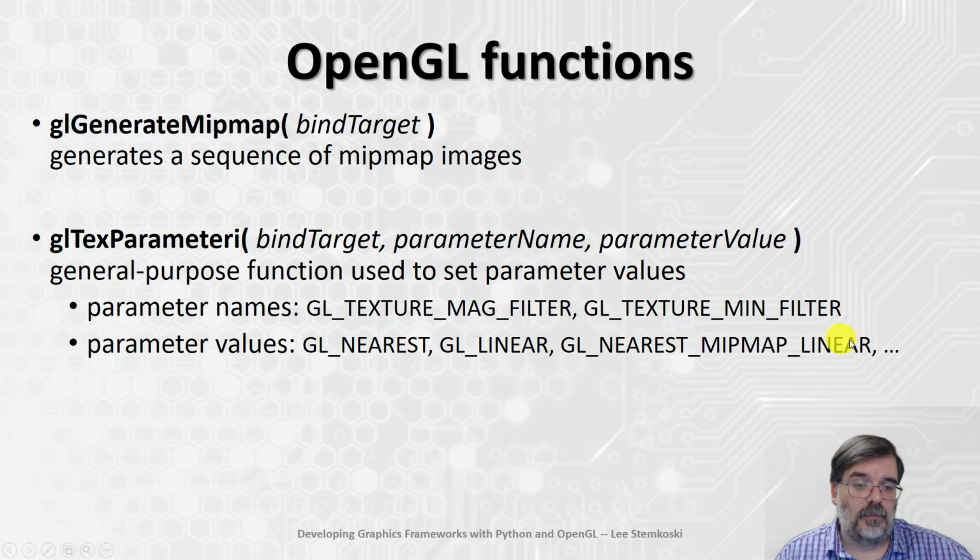This parameter value only really makes sense in terms of minification. This describes the algorithm we mentioned on the previous slide. When minifying, choose the MIP map nearest in size, and then you could do linear interpolation of the 4 closest texels. And there are lots of other choices you could use as well, but those are some of them.